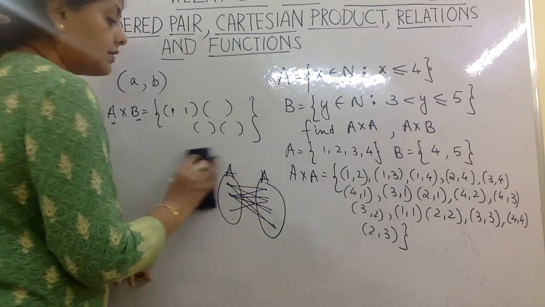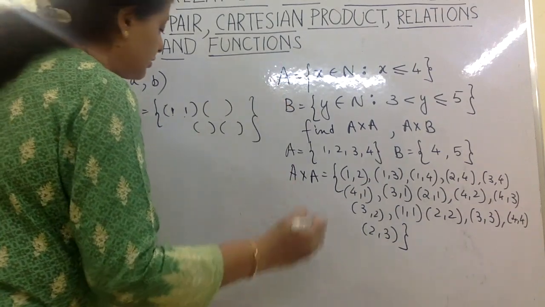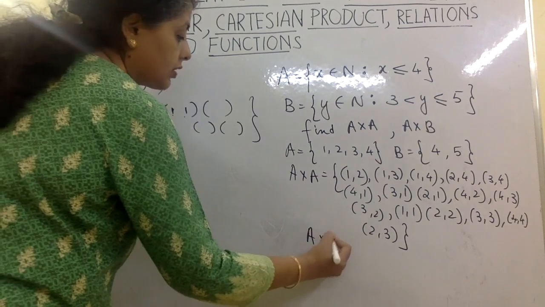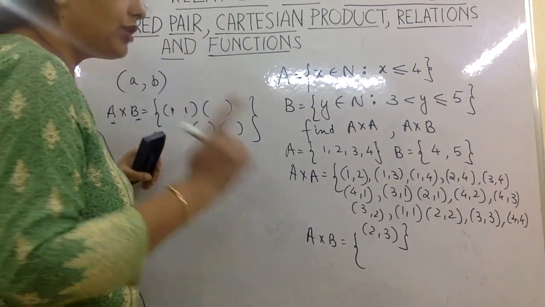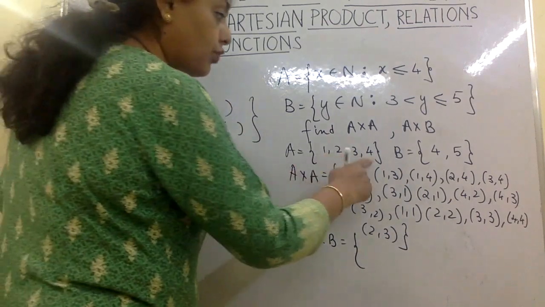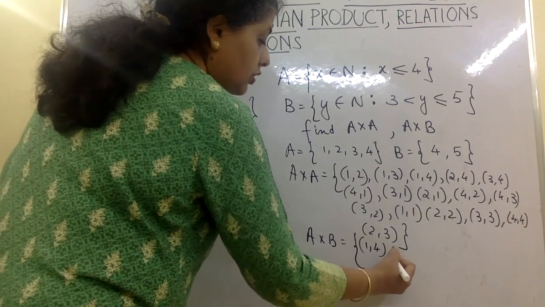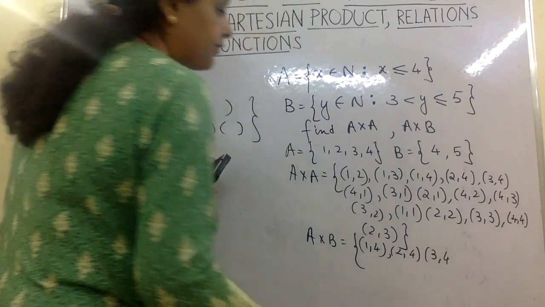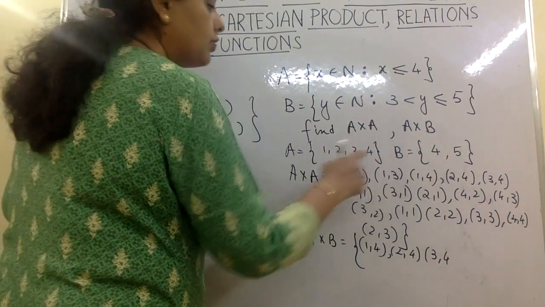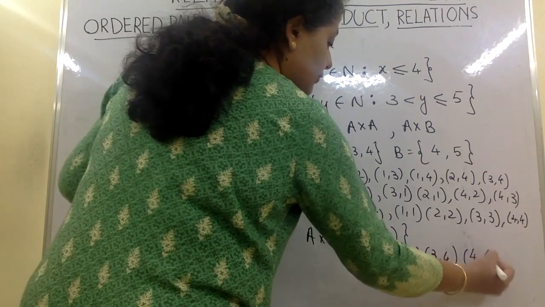Now let me get A cross B. How to get A cross B? You'll see that we'll get some elements. This time we are going to get only 8 elements, 4 into 2, 8 elements. 1 comma 4, 2 comma 4, 3 comma 4 and 4 comma 4.